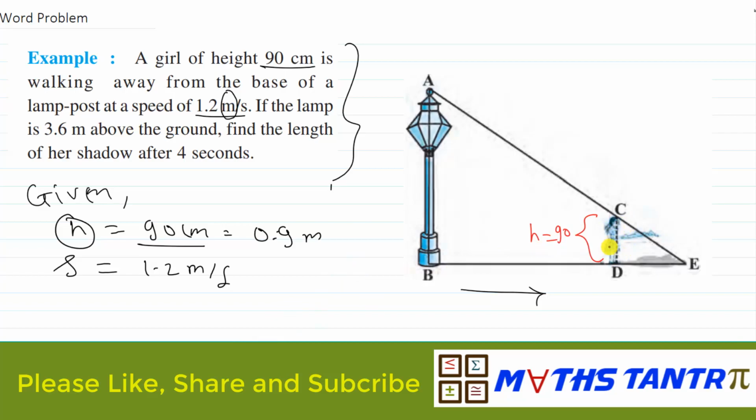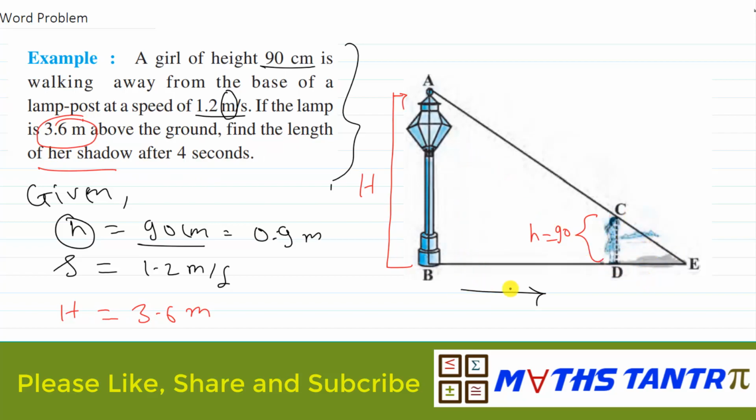So I'll take small h for the girl's height and capital H for the height of the lamppost. What is the capital H? That is the height of the lamppost. That is 3.6 meter. And we have to find the length of the shadow of that girl who is moving.